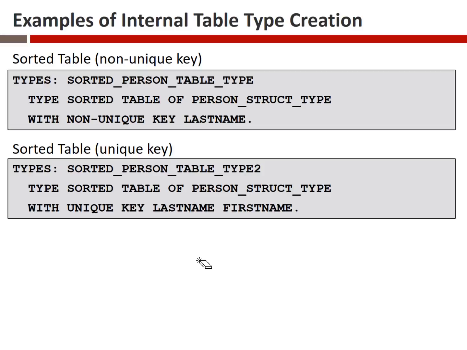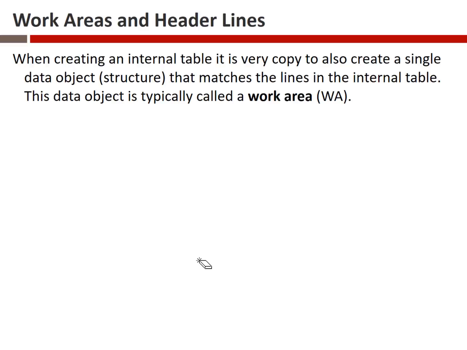So I have an empty table that is either sorted or not sorted based on which example we're looking at. So I want to work with this guy. Well, in almost every program where I create an internal table, I have to create something to go with the internal table. And that something that I have to create is called a work area.